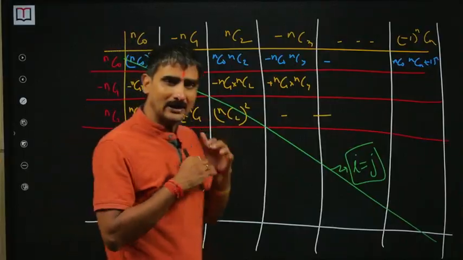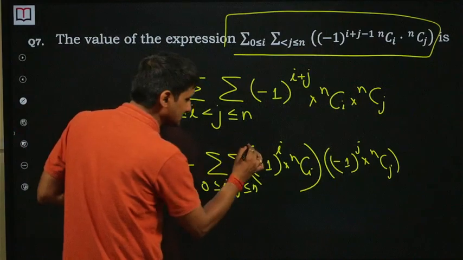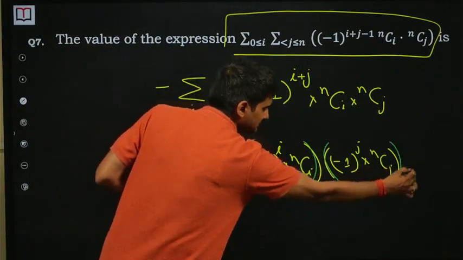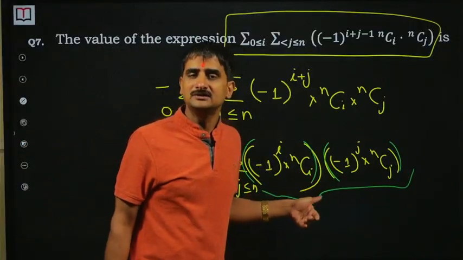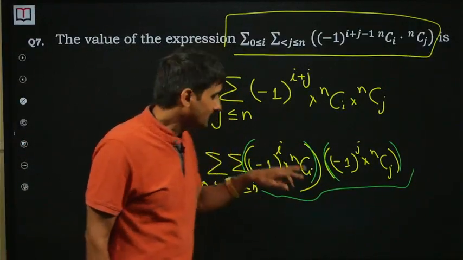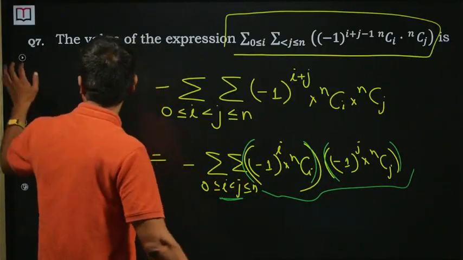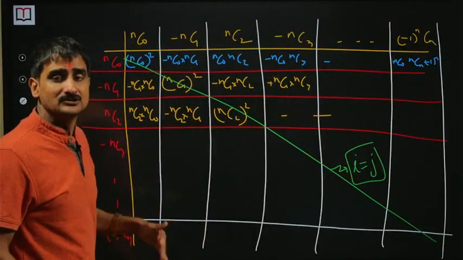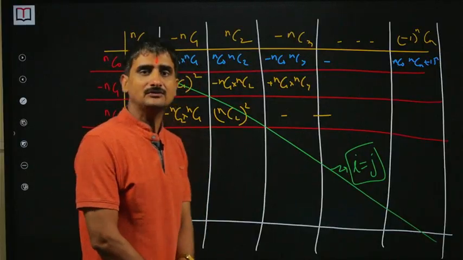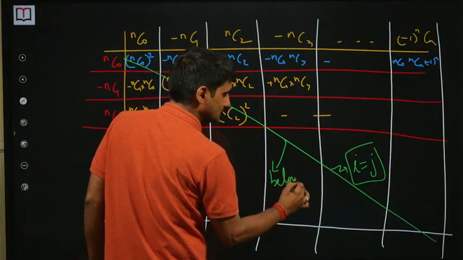I am trying to figure out where in the matrix you will get the terms of this series. So these terms you get when i is less than j. As I said, this represents i and this represents j. So i will be less than j only when the elements are below the diagonal.